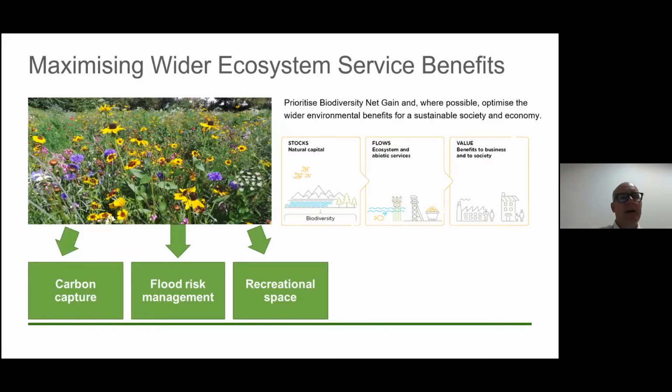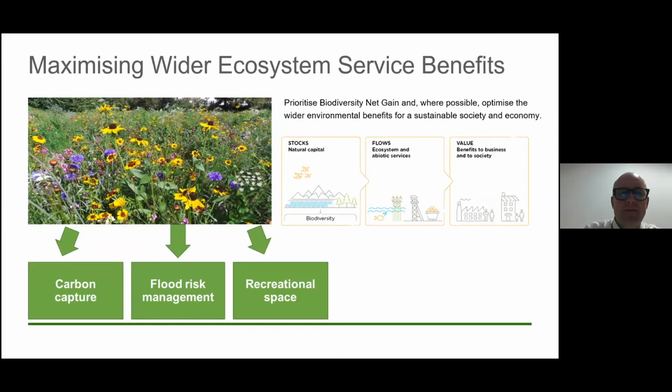I mentioned the word natural capital and the work we've been doing around it. So I just want to very quickly provide an explanation on this slide of what we mean by natural capital.